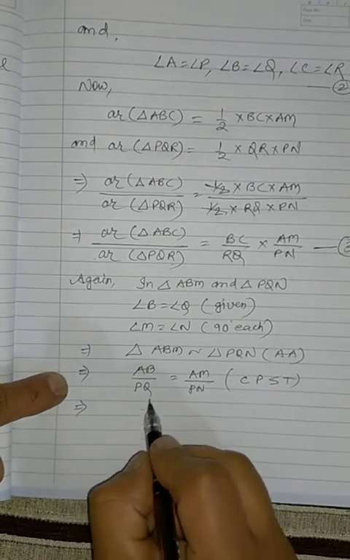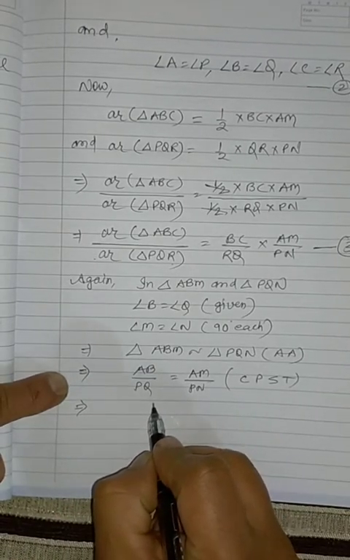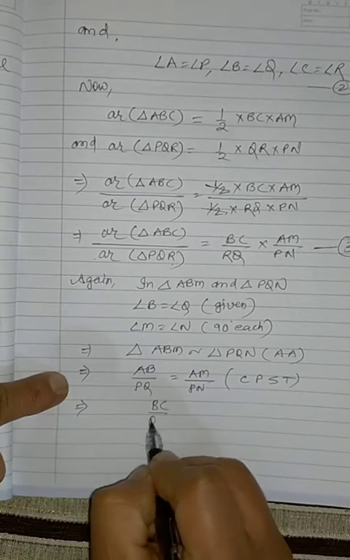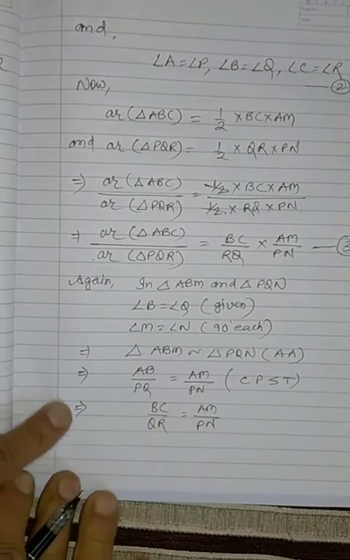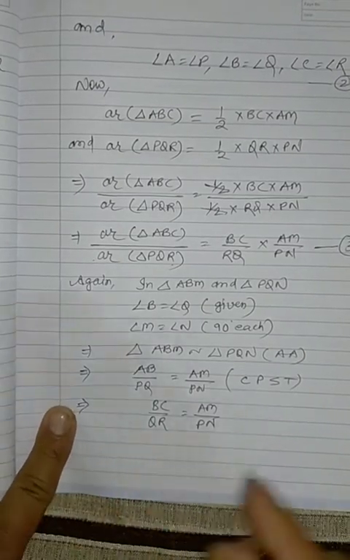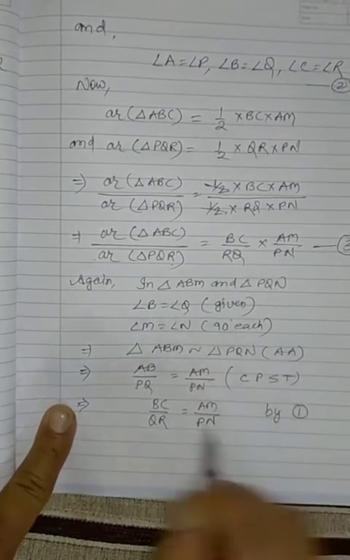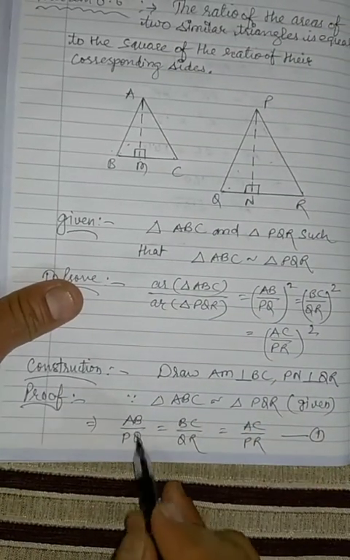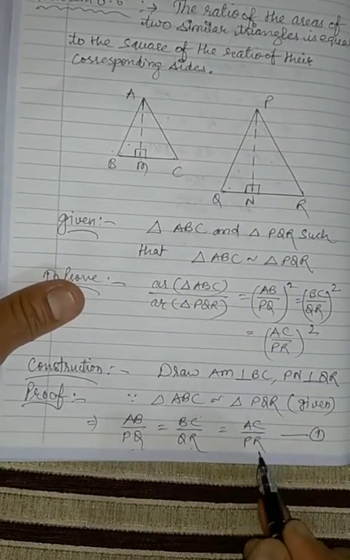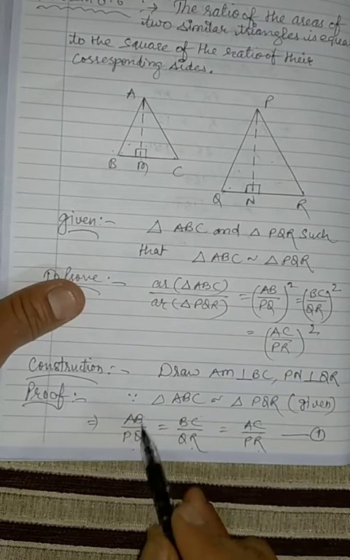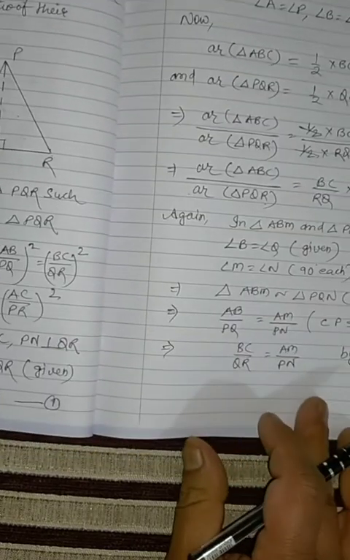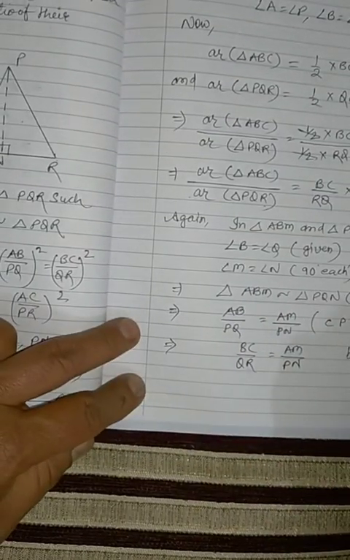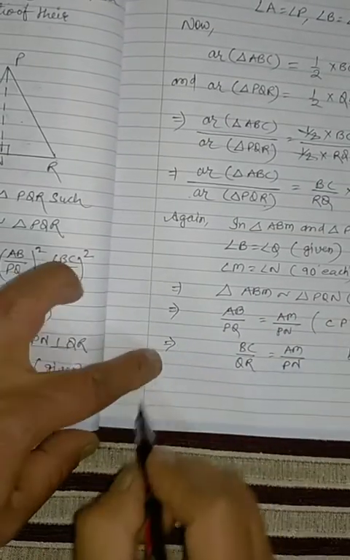That implies we can also say that BC upon QR is equal to AM upon PN by equation number 1, in which we have said that AB upon PQ is equal to BC upon QR is equal to AC upon PR. So we have replaced AB upon PQ by BC upon QR. Right? Let this be equation number 4.